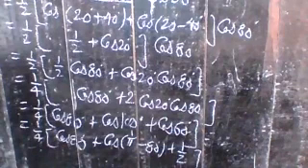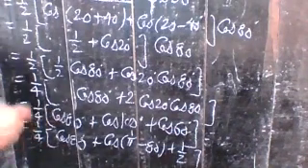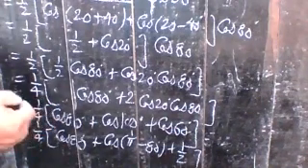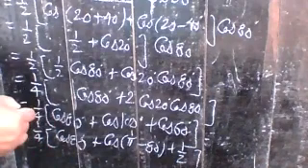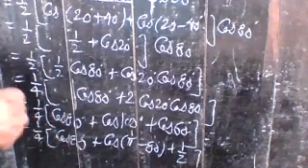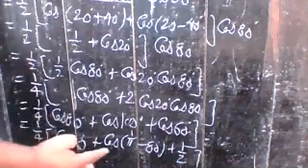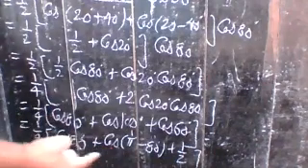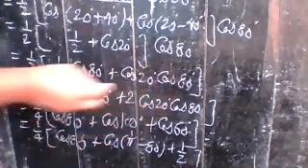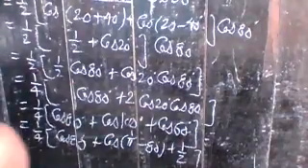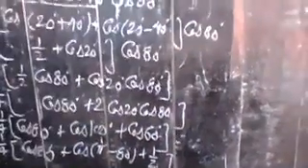And cos of pi minus x: pi minus x lies in the second quadrant, and in the second quadrant cos is negative. So in place of this you write minus cos 80.